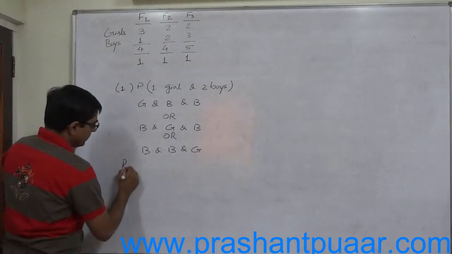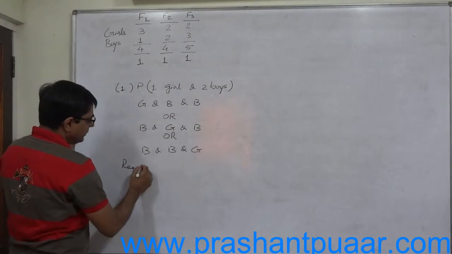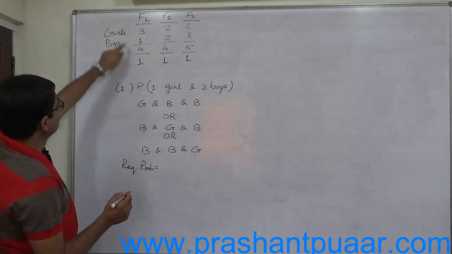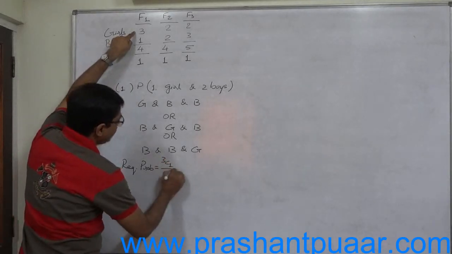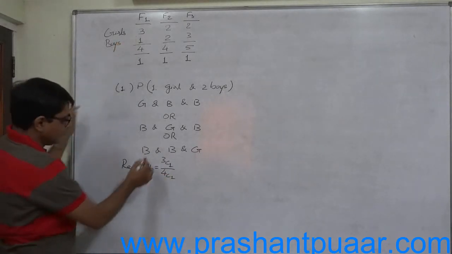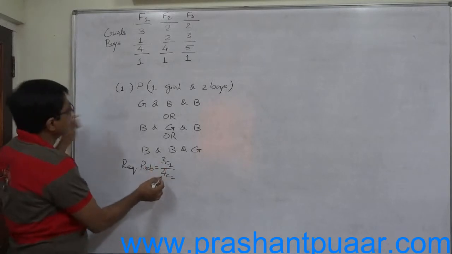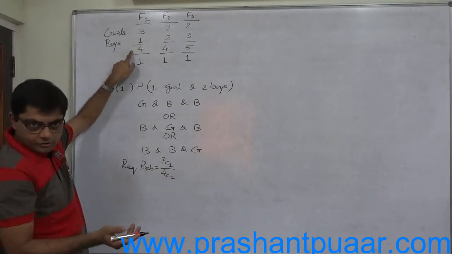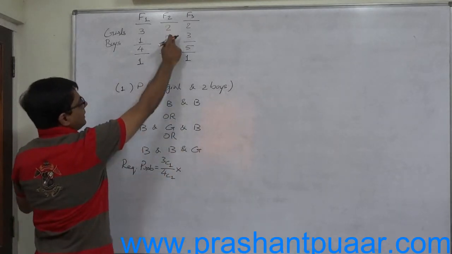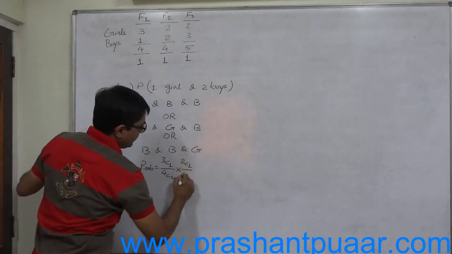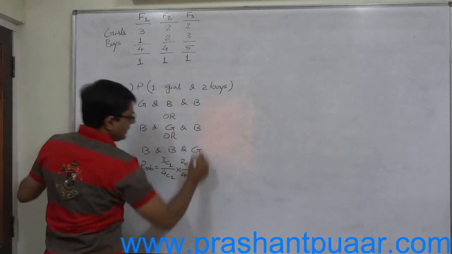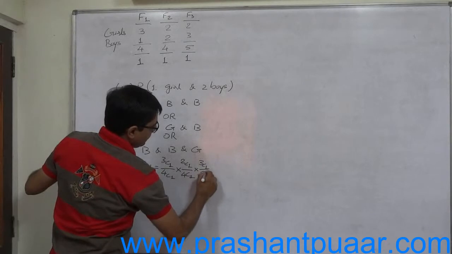The required probability, or probability of 1 girl and 2 boys, equals girl from first family 3C1 divided by 4C1. Why 3C1? 1 girl out of 3 can be selected in 3C1 ways, 1 child out of 4 children in 4C1 ways. And boy from the second 2C1 divided by 4C1, and boy from the third 3C1 divided by 5C1.